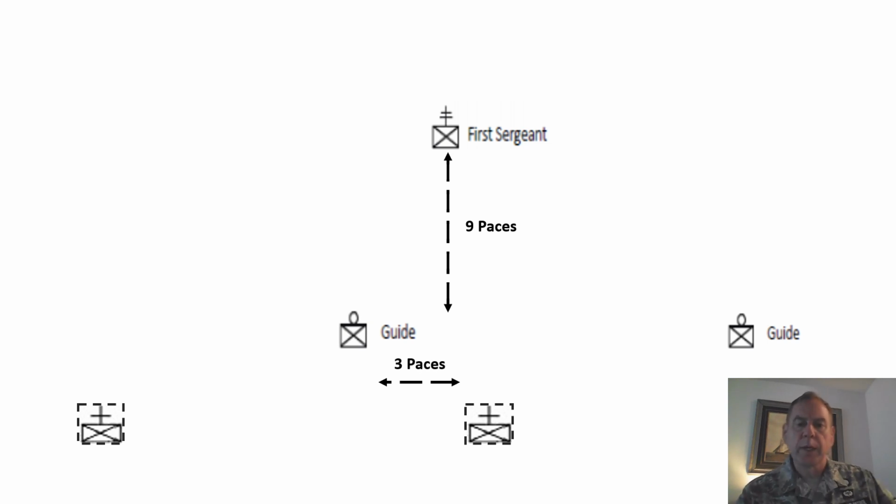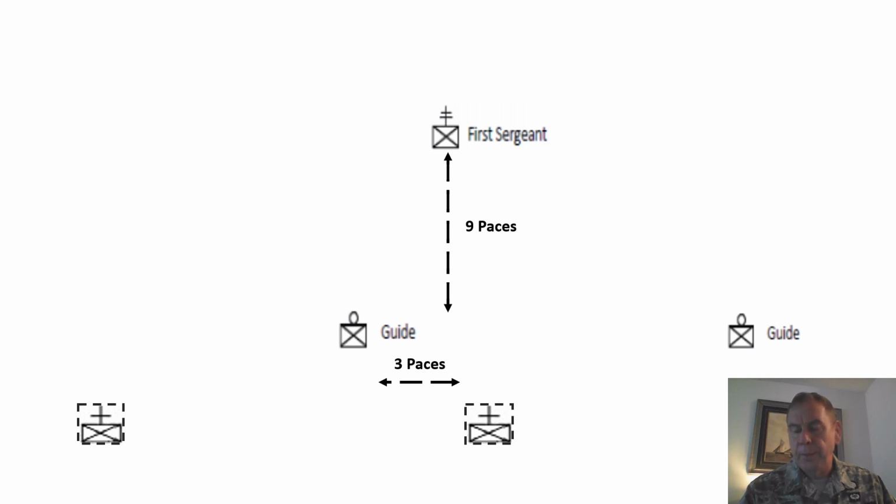The important thing with the guides is they're basically establishing where your flights are located. The guides are going to be to the far right of your flights, and they have to make sure there's 3 paces between them and the neighboring flight. Now, that position you see on the bottom left is actually an anticipated position for the flight sergeant.